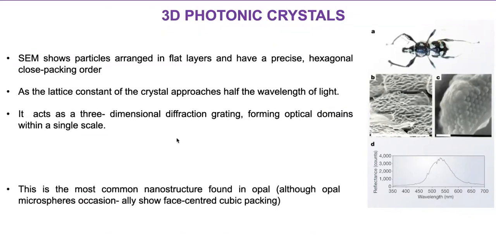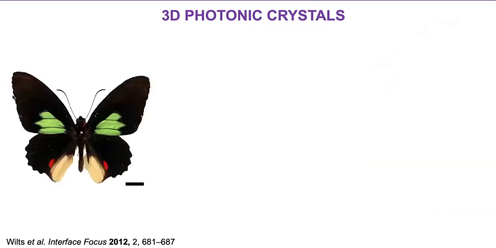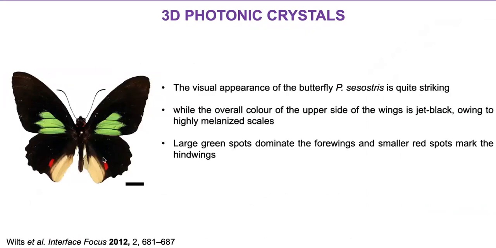So it is very common that you can see this kind of structure in opals and many other structures in nature, and insects follow exactly the same principle. Another beautiful example is butterflies. This particular butterfly has many different colors here. The black, green, the red patch.